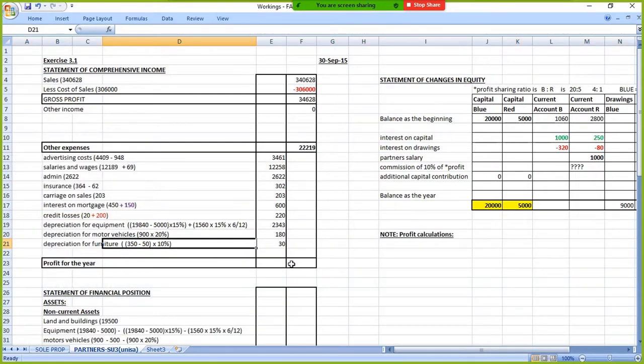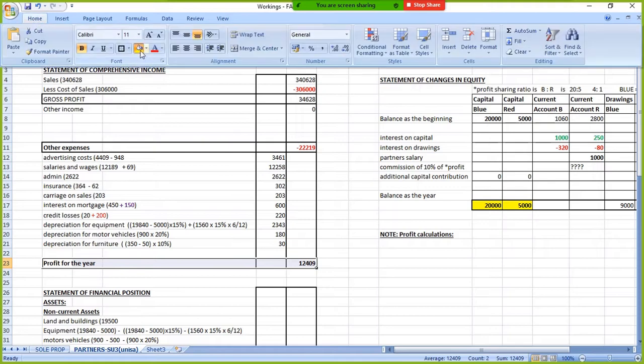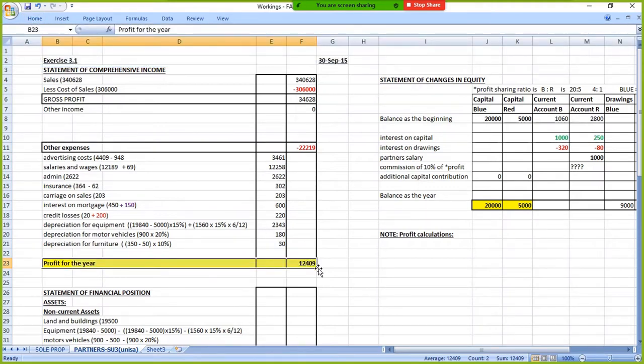So what do I have? I've got a profit that is going to be the gross profit plus no other income minus the other expenses. Just remember this needs to be a negative. You need to show that in brackets. So this minus that, profit, 12,409.